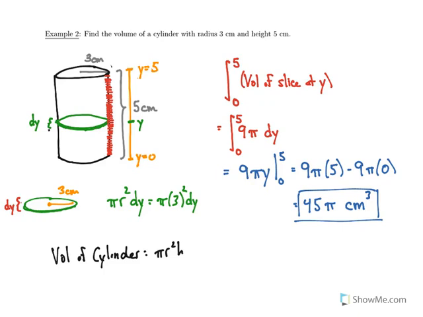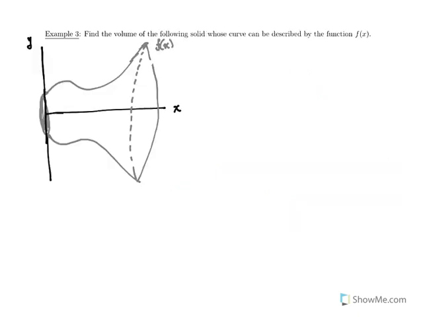We're going to look at shapes where the slices are not all the same, looking at first this one on the next page. So here we're going to find the volume of the following solid whose curve can be described by the function f of x. This is a weird vase, if you want, or something like that. And you can think about the curve, if we put it on the xy axis, looks like the function f of x.